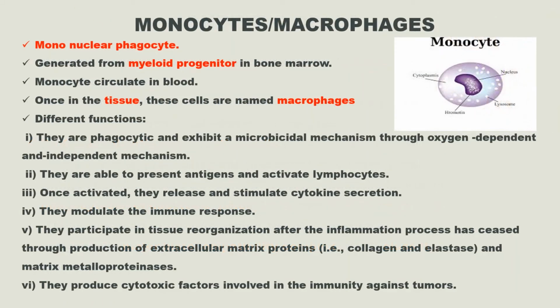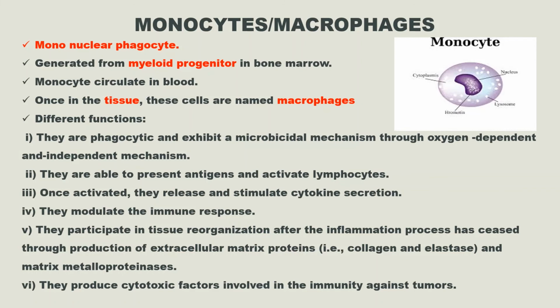Monocytes or macrophages. Inside a blood vessel it is called a monocyte; in tissue it is called a macrophage. It is a mononuclear phagocyte, meaning one nucleus or one lobe is present. Neutrophils are called polymorphonuclear because of the presence of multiple lobes, so they are polymorphonuclear leukocytes.